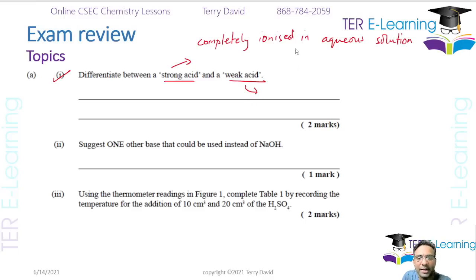When they ask you what is a weak acid, a weak acid is partially ionized in aqueous solution. So like I said, these are the answers that they want. Don't go and make up something that is incorrect. So it's partially ionized in aqueous solution, right?